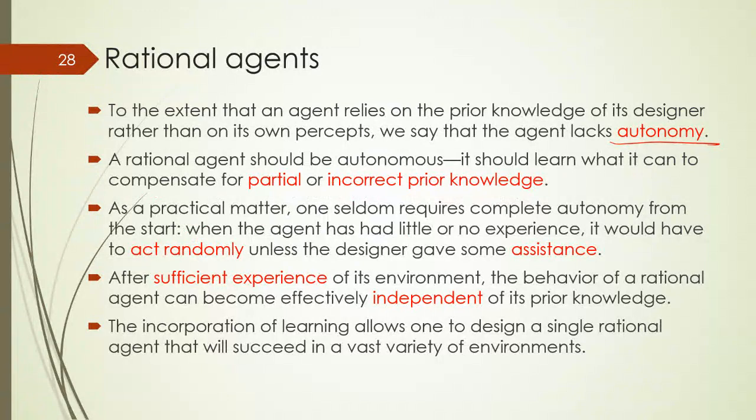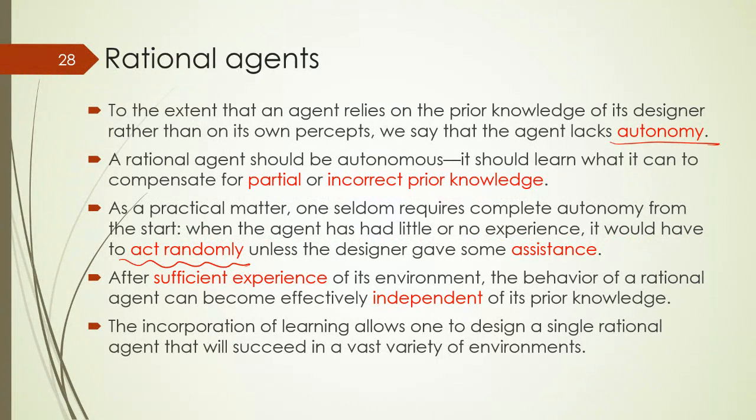As a practical matter, one seldom requires complete autonomy from the start. When the agent has had little or no experience, it would act randomly, unless the designer gives some assistance. That's a general solution.